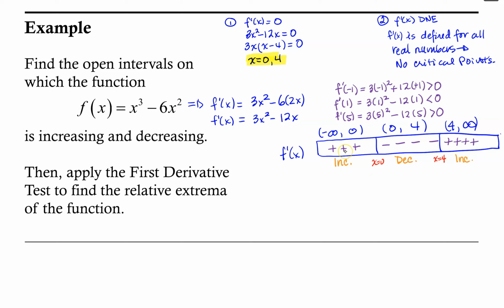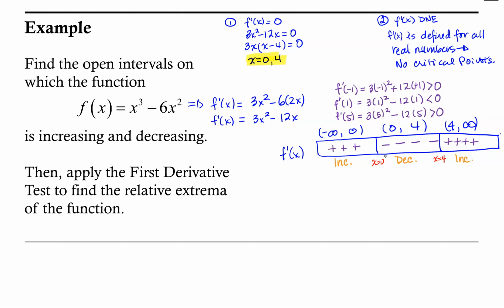So we see that to the left of x equals 0, our derivative is positive, or our function is increasing. And to the right of 0, our derivative is negative, or our function is decreasing. Now, x equals 0 is one of our critical points, and so as the function goes from increasing to decreasing, we will have a relative maximum at x equals 0.